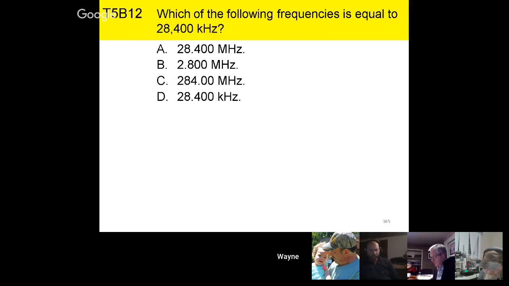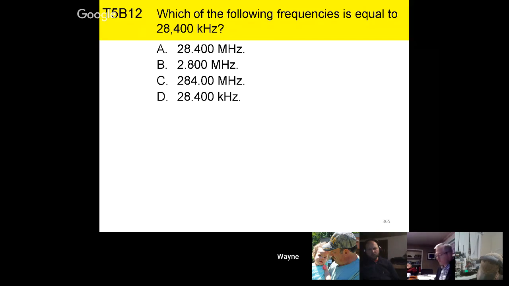Okay, here's another easy one. Which of the following frequencies is equal to 28,400 kilohertz? So we look at D, we automatically know that 28.4 kilohertz is incorrect. We also know that 284 megahertz is incorrect.